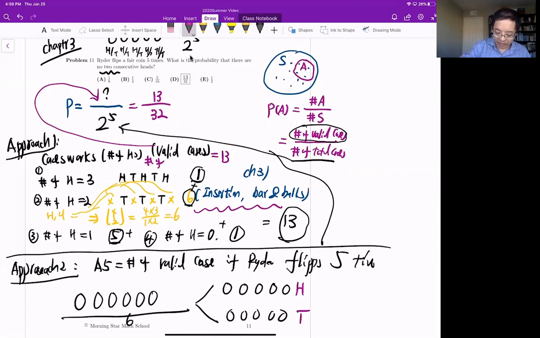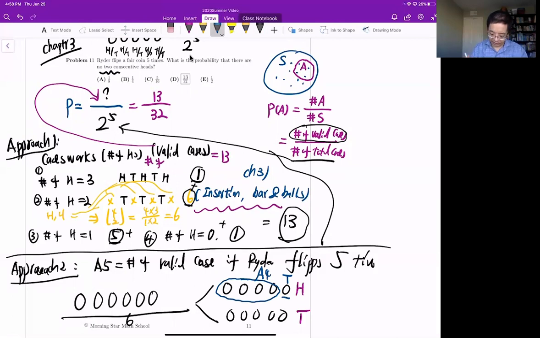Now, if the last one is head, then the 5th one has to be tail because we don't want consecutive heads. So then all you need to do is arrange the first four, making sure there are no two consecutive heads. That means this is A4: if you flip 4 times, the number of arrangements with no two consecutive heads.